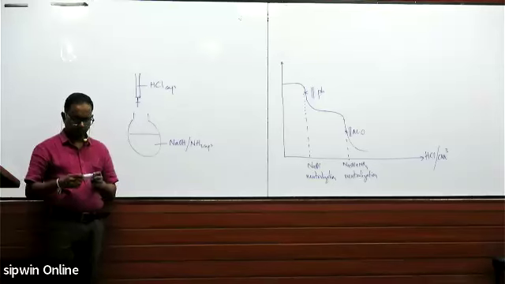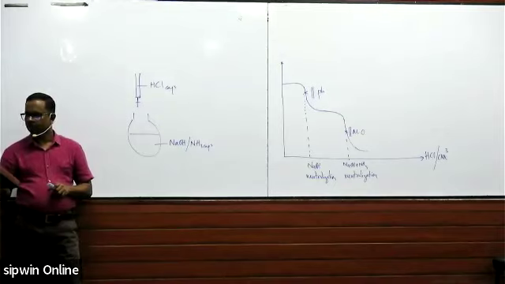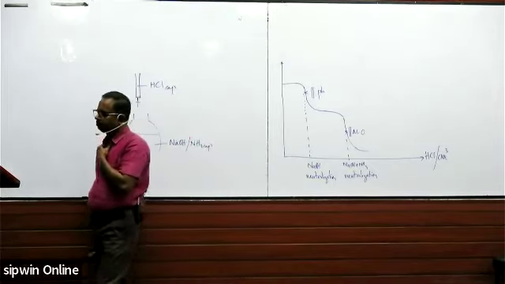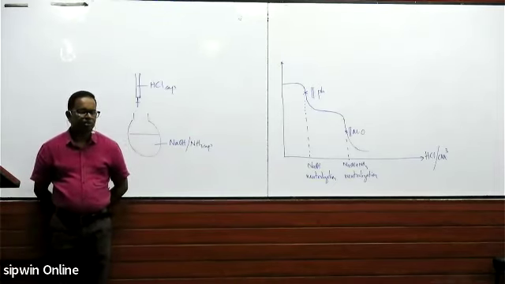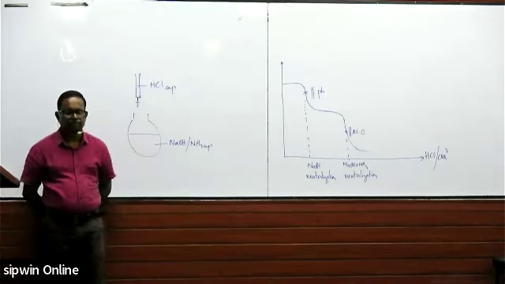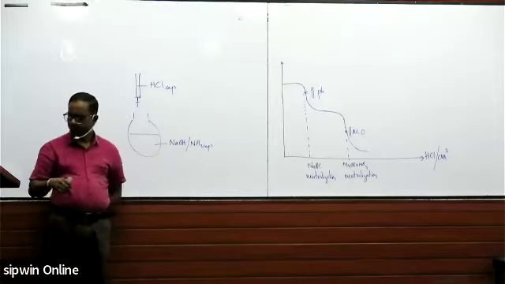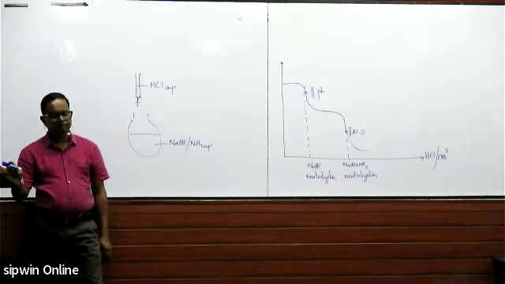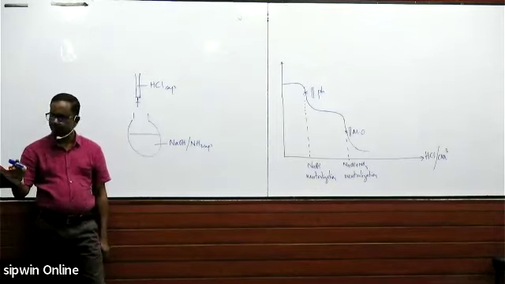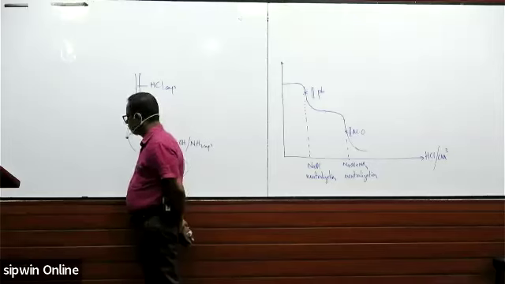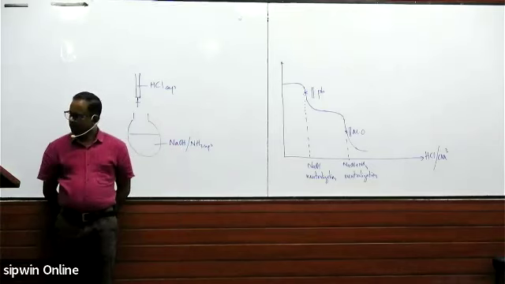Take down this one. A 25 cubic centimeter portion of a solution containing HCl and acetic acid is titrated with 0.1 M sodium hydroxide in the presence of methyl orange as the indicator.